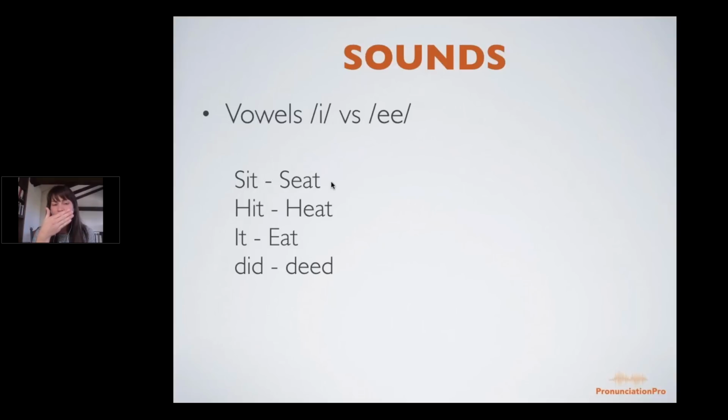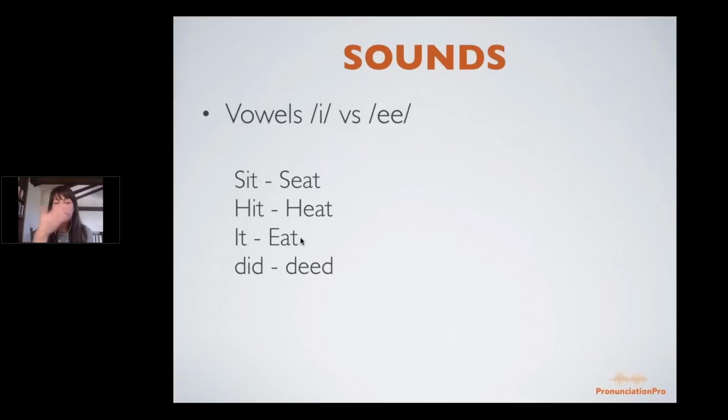Seat. You said the second one. Good. I'm going to contrast this. Sit, seat, sit, seat. All right, I'm going to do the next one. Hit. You said the first one. Good. So I said hit. So contrast, hit, heat, hit, heat.